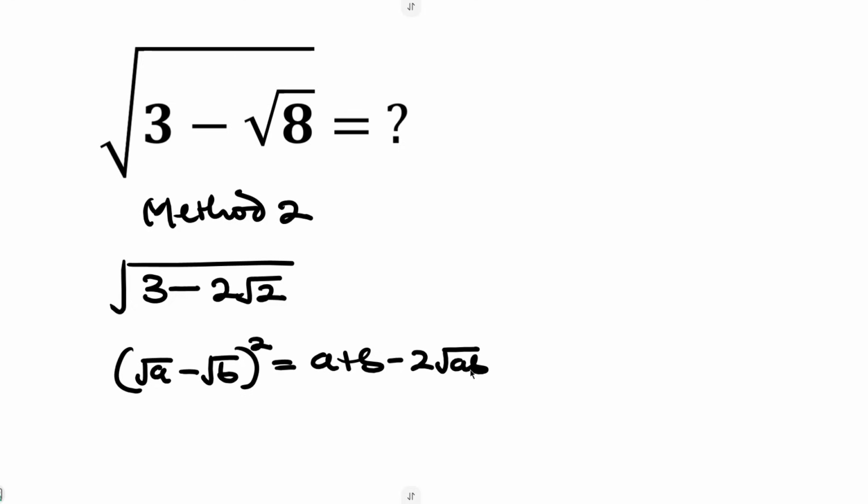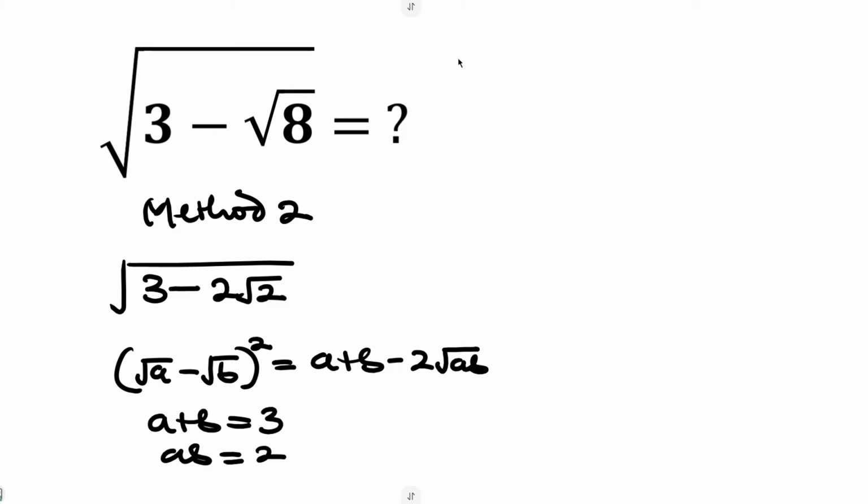Now let's use this identity to compare what we have here. Our a plus b is equal to this 3, and our ab by comparison is equal to this 2, so ab is equal to 2. You notice that we have a sum of roots if we consider a and b as roots of a quadratic equation. So we have sum of roots equal to 3, and product of roots equal to 2.